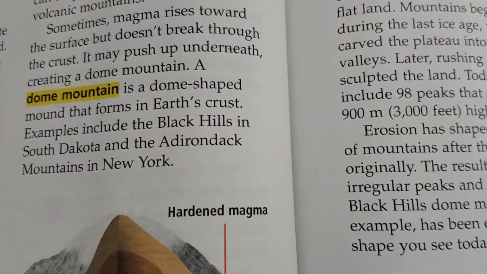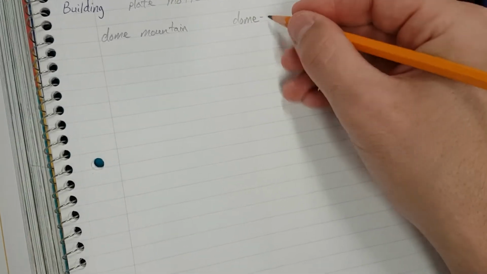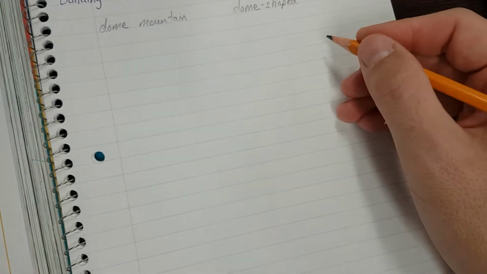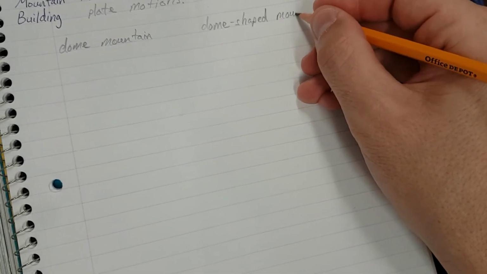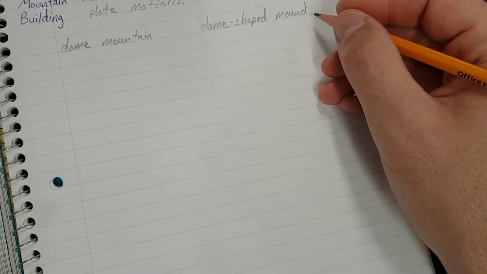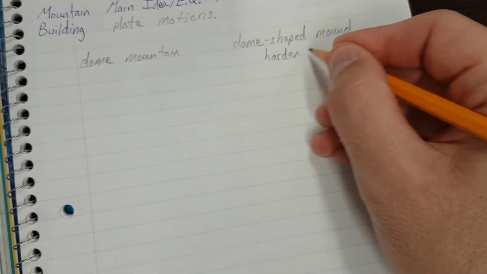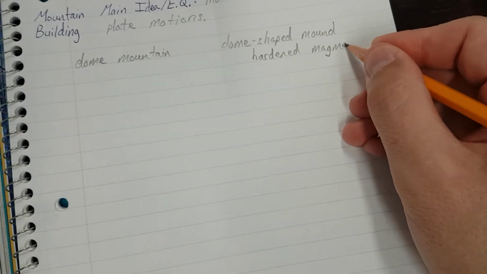So let's see. Dome-shaped mound. Let's say hardened magma. Indent, hardened magma.